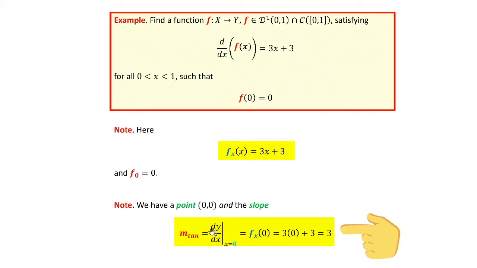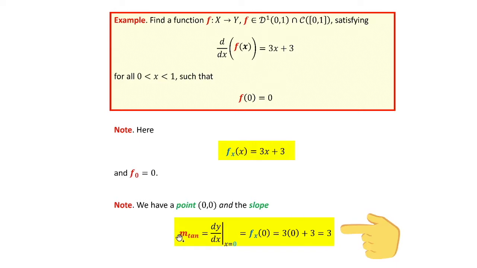This is, in fact, the slope of the tangent line. For example, at 0, this derivative equals 3. Now I'm only taking this for x greater than 0, but okay, let's say 0. The slope of the tangent line at this point is 3. That's what it tells you.